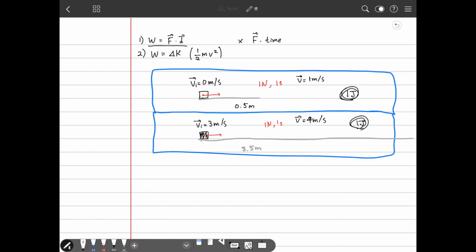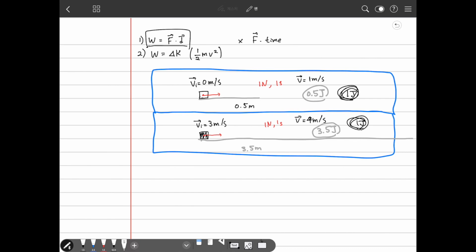Okay, so it's 1 joule for both, but if we use the correct equation, which is force times distance, we get 0.5 joules for the white block, and for the black block we get 3.5 joules as the work done.